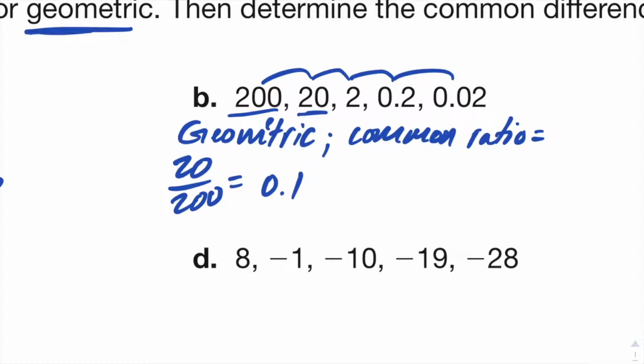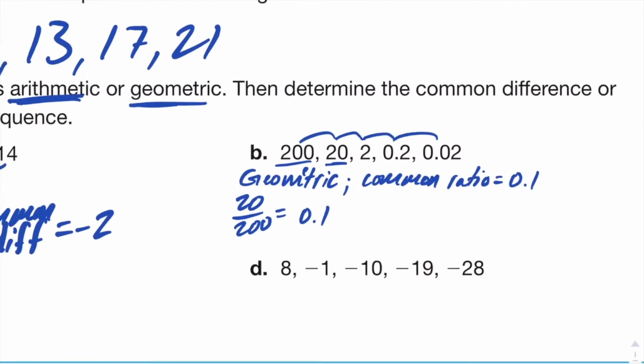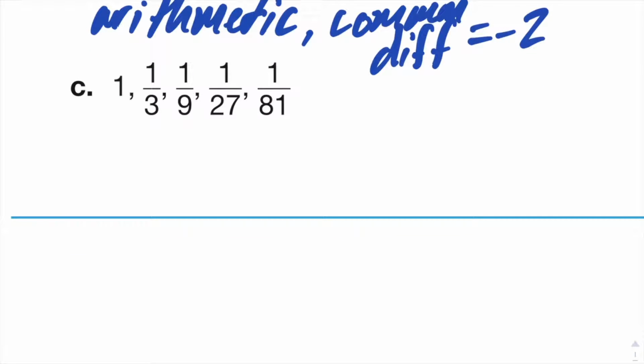That gives you 0.1. So it is shrinking, or getting smaller, by a ratio of 0.1. Okay? Pretty straightforward.